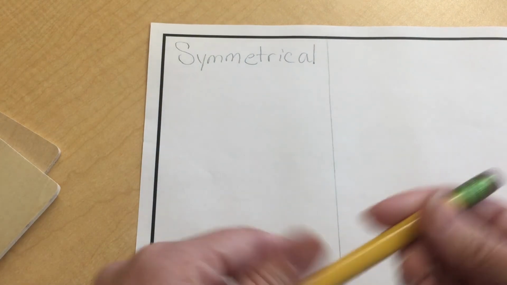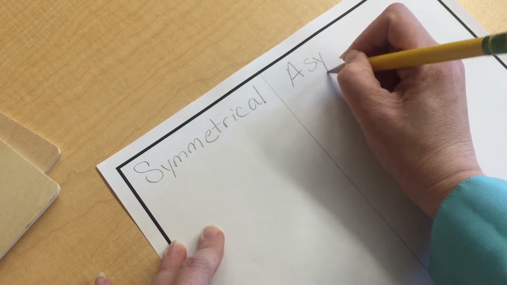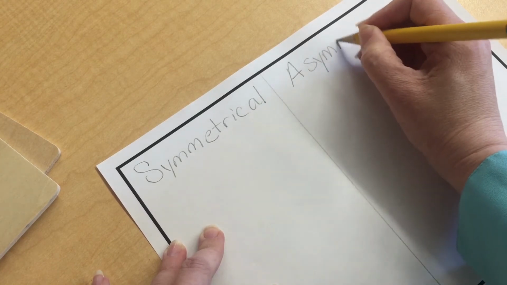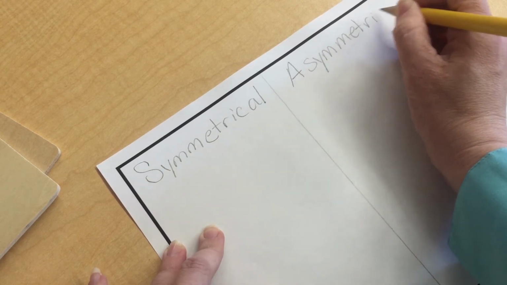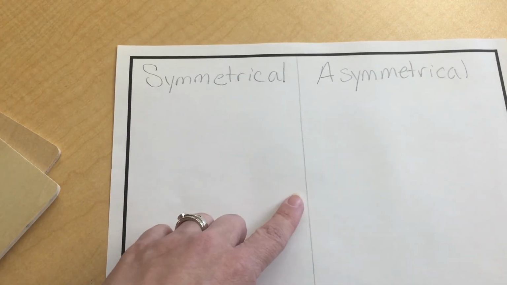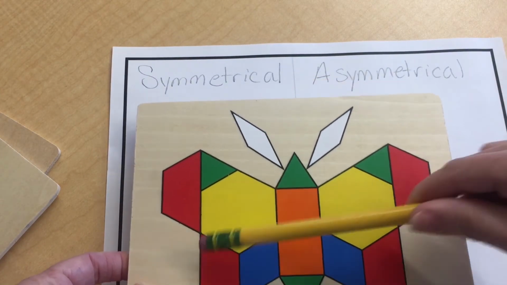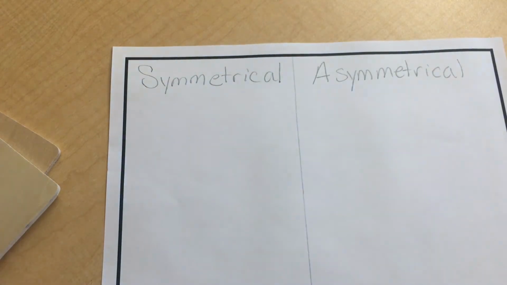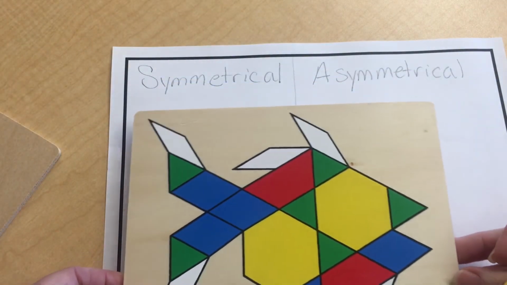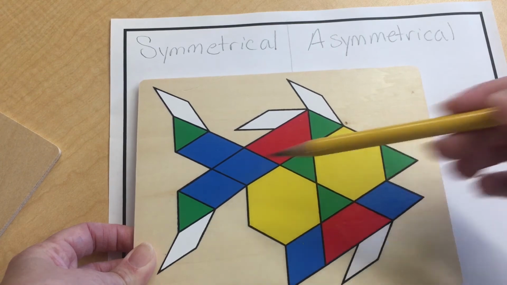All right, how about asymmetrical? Which one was asymmetrical? We have our line down the center. If this one was symmetrical, same on both sides, this one was the asymmetrical because when we drew the line down the center, it was different.